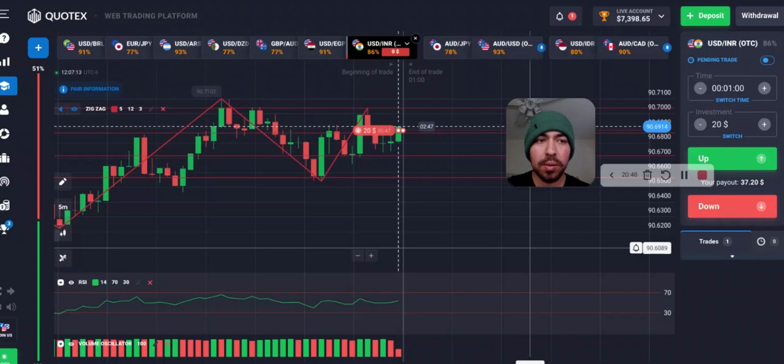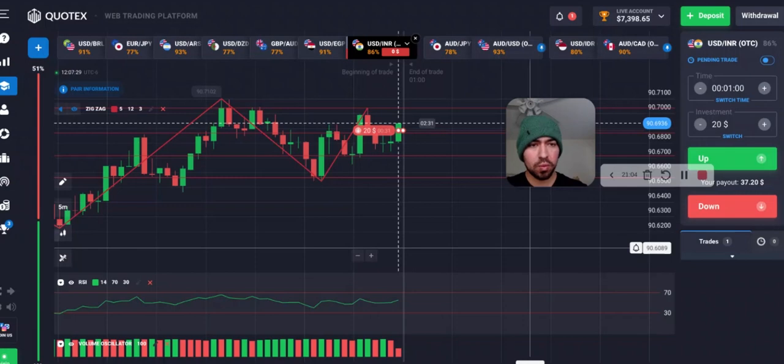So any of you can do this. I would suggest starting with at least 100 bucks or 200 bucks to play it safe, and start with $1. When I first started trading, what I would do is I would put $200, trade with a $1 position, and then go from $1 to $2, and then to $5, and then from $5 to $10, and then from $10 to $25, and then from $25 to $50, something like that.